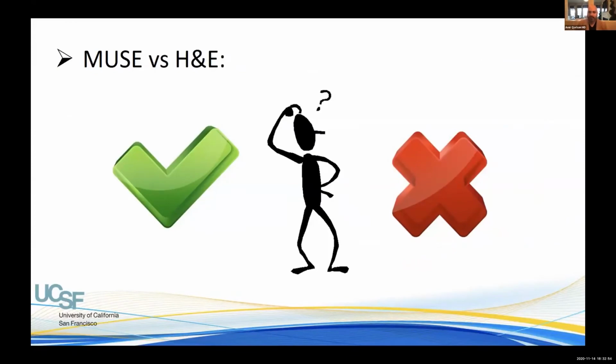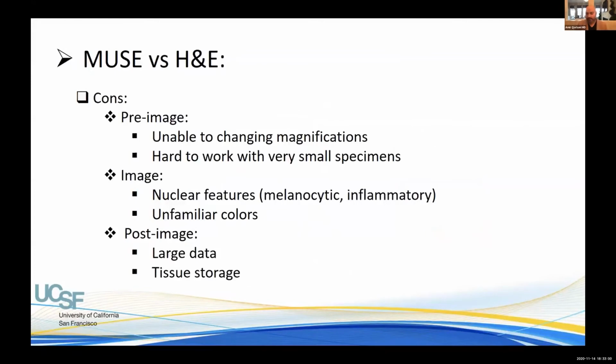So what are the pros and cons of Muse, this new technology, versus the old one? Or I cannot say the old one, the gold standard, because H&E is the gold standard in pathology. So I want to start with the cons, and then I will continue with the pros, because I think the pros are much more.